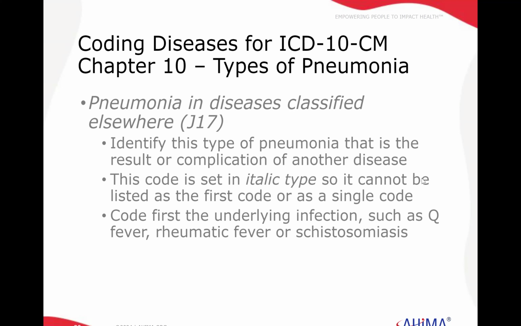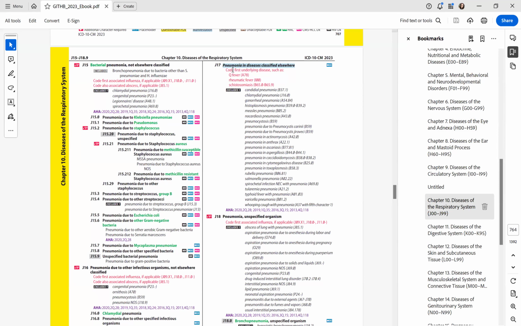Let's take a look and we'll spell it out here. And again, this is exactly what we're talking about. With J17, we're going to code the underlying disease first. That means the Q fever of A78, the rheumatic fever I00, the B65 through B65.9, the schistosomiasis.